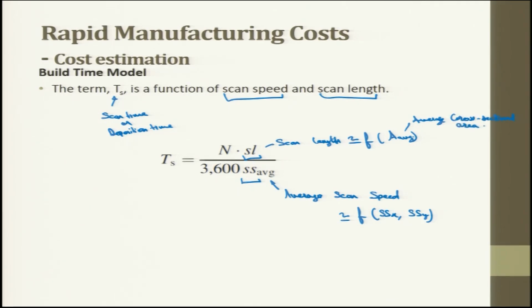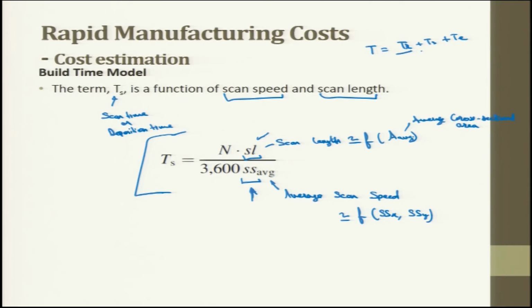So, there are certain models to determine the scan length and average scan speed. I am not going into that detail, we just need to know that total time is equal to time for recoat plus time for scan plus time for delay.